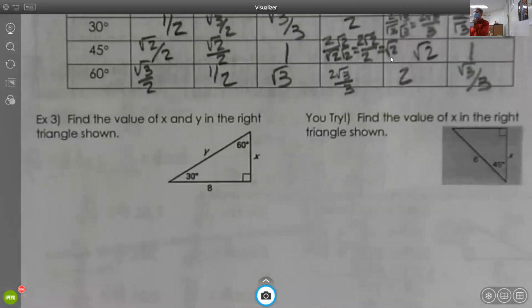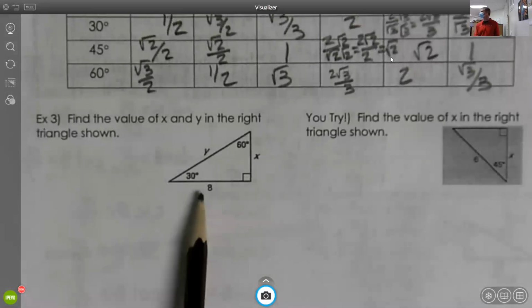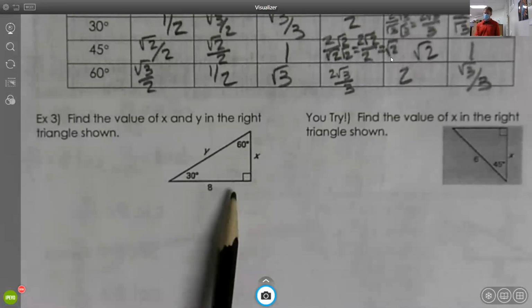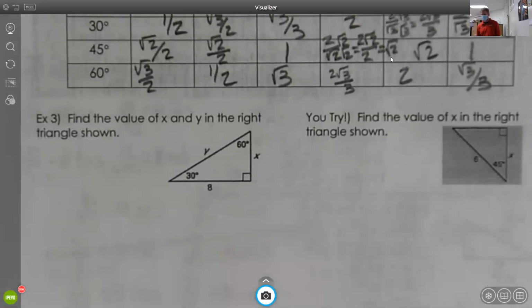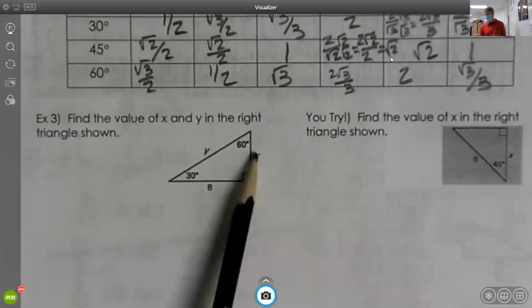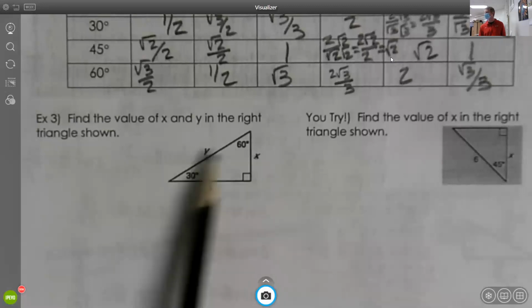Now we could use the formulas. We could use hypotenuse equals the short leg times 2 to answer the 30, 60, 90 triangle. Okay, and the long leg equals the short leg times root 3. You could totally do that. Is there another method to solving for x and y?